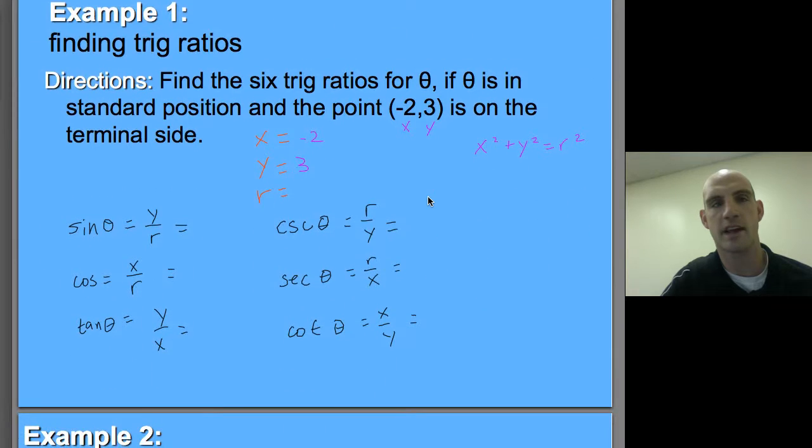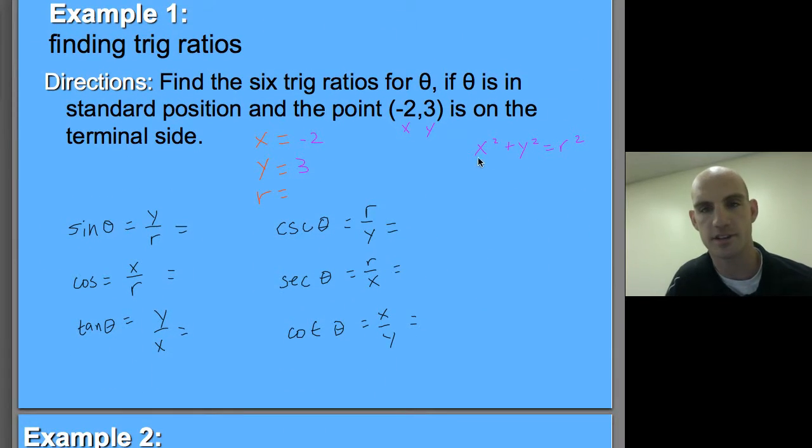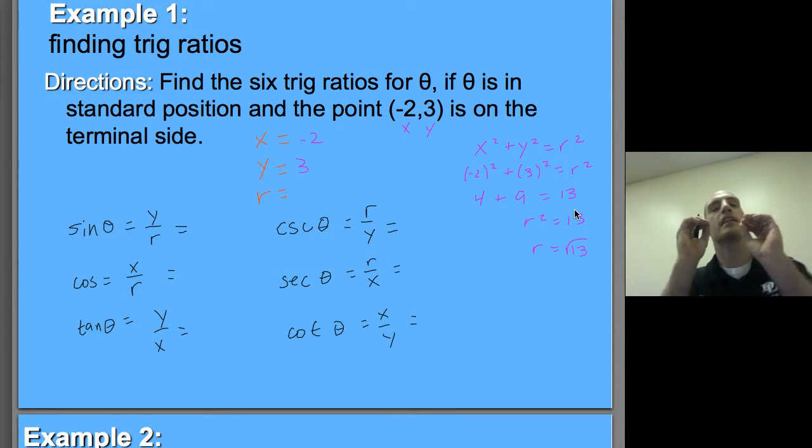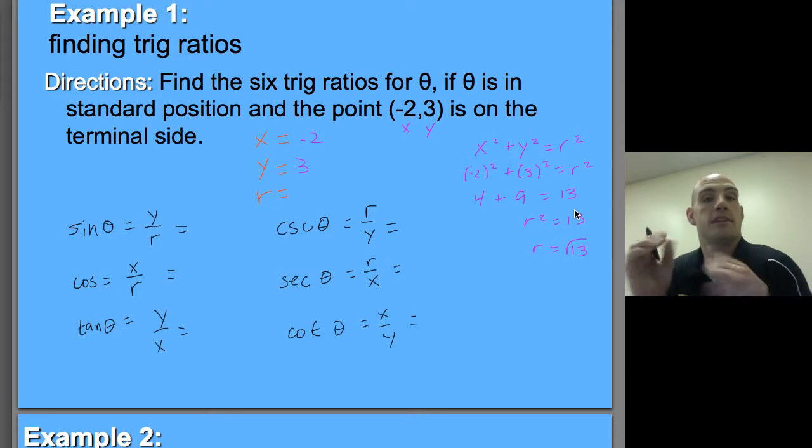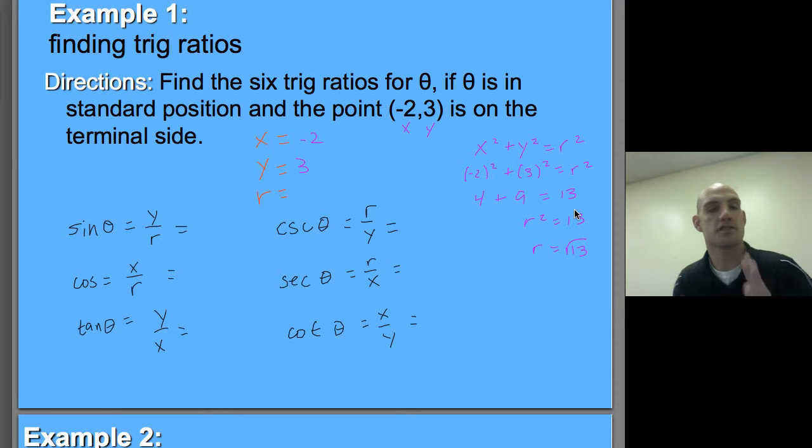And so my side lengths are going to look like this. -2 squared plus 3 squared is equal to r squared. So this is 4 plus 9 equals 13. So r squared equals 13. So that means r is square root of 13. Leave it like that. That's all you need. I don't need the decimal for this. Just leave it like that.